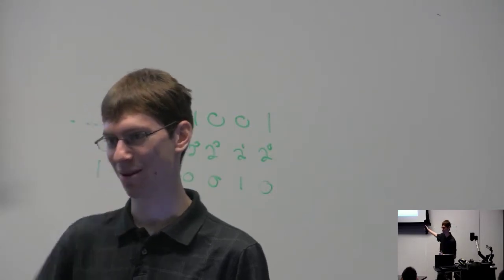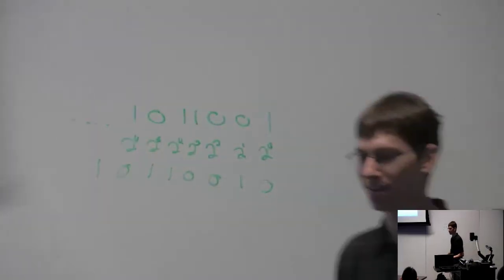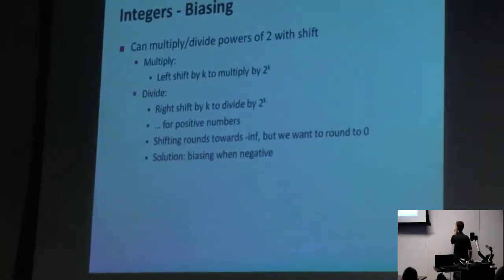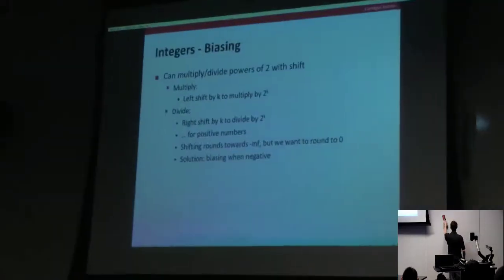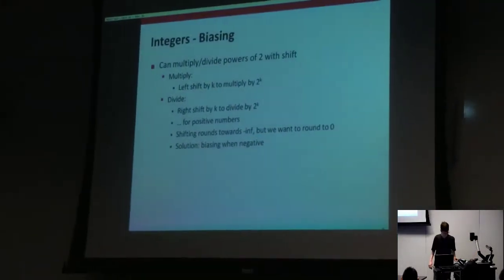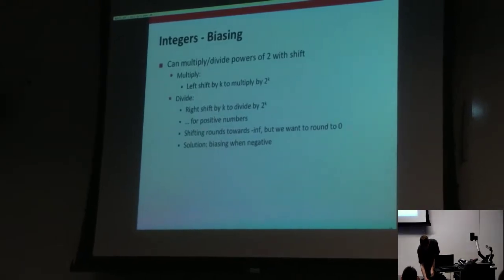What's the problem with negative numbers? It's going to round towards negative infinity, but we want the division to round towards 0, right? So say we have a negative number. So let's work with, let's see, I had an example.